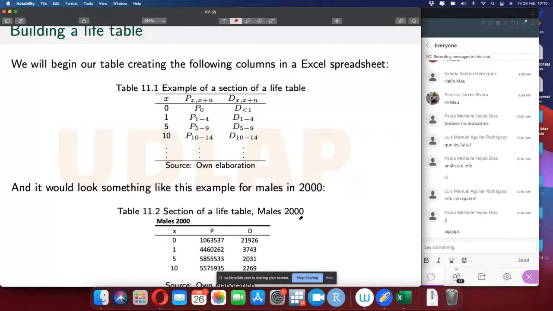The reason I asked you from the beginning to get your information for individual ages and also for age groups is because when we are building a life table, we need the very first age by itself. We need to identify these individuals at age 0 because they are really special in life tables. And then the second age group we're going to be working with is 1 to 4.